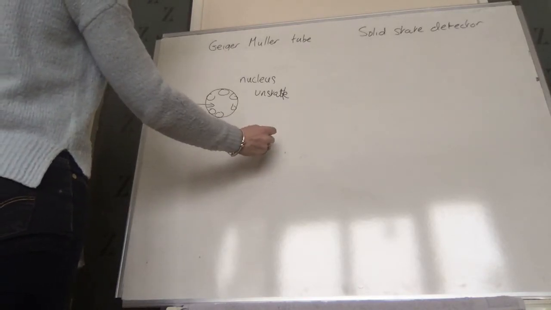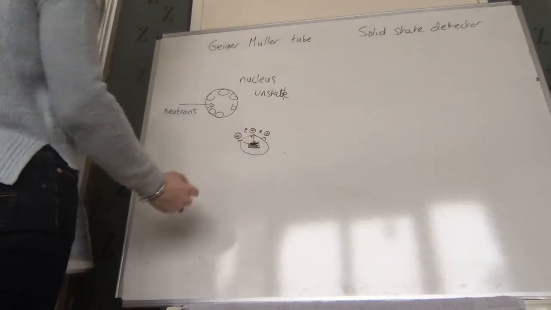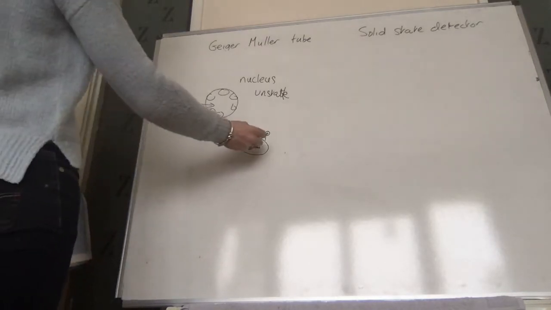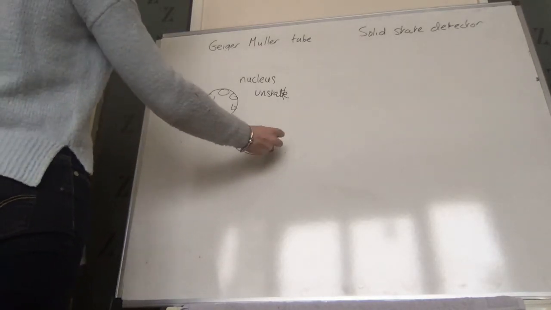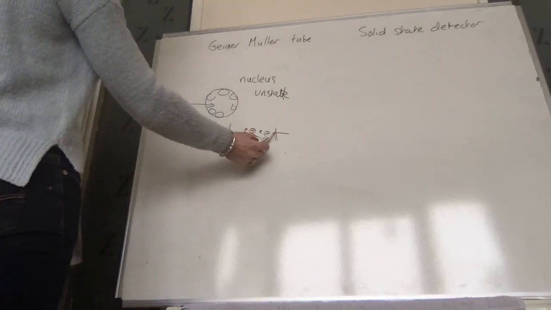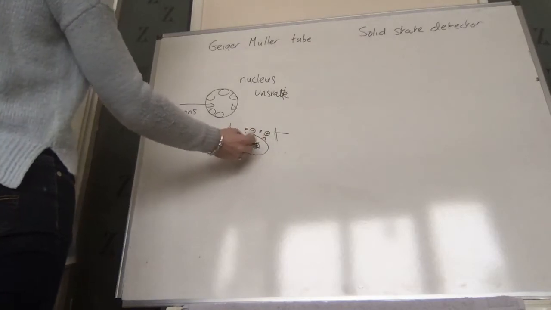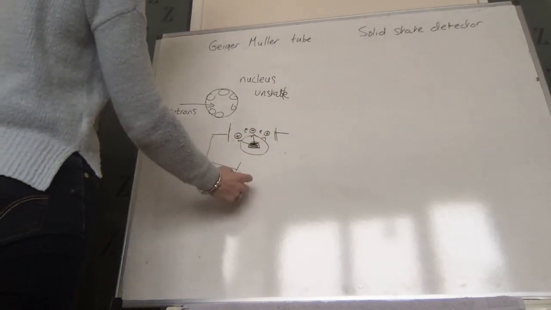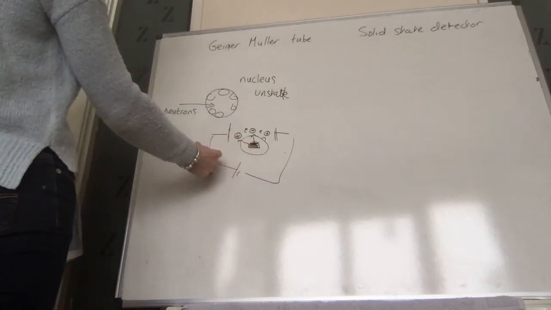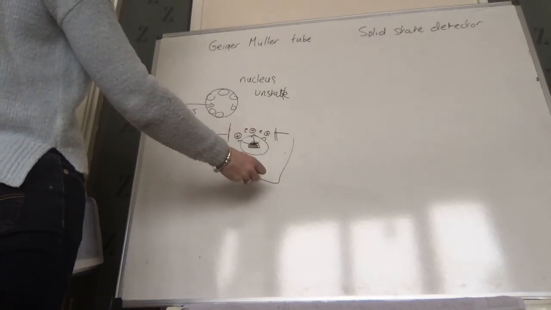They ionize the air around them, causing electrons and positive ions. A small voltage is applied, and if you apply a positive and a negative to two sides, the electrons will flow towards the positive, so you get a current flowing in the circuit.